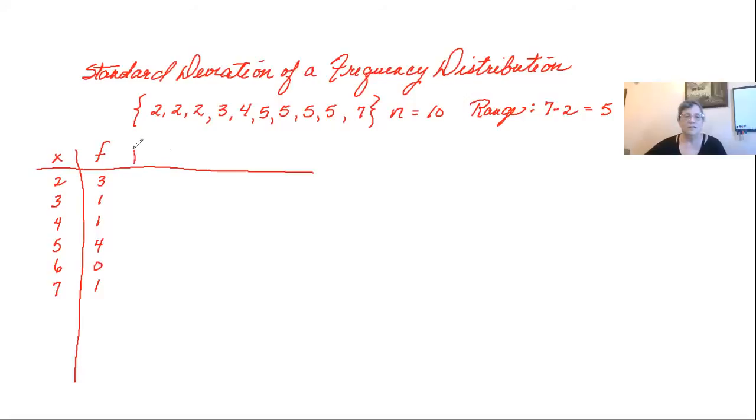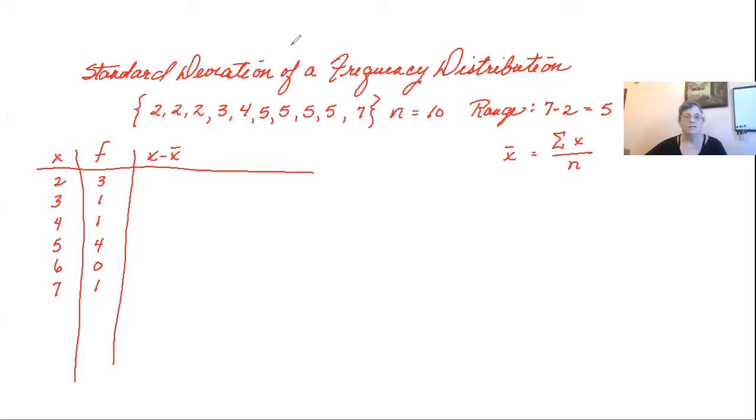Now, in order to get my x minus x bar, I have to know what x bar is. X bar, the mean average, would be the sum of the x's divided by n, but because I can use the frequency table, 2 plus 2 plus 2 is the same thing as 2 times 3.